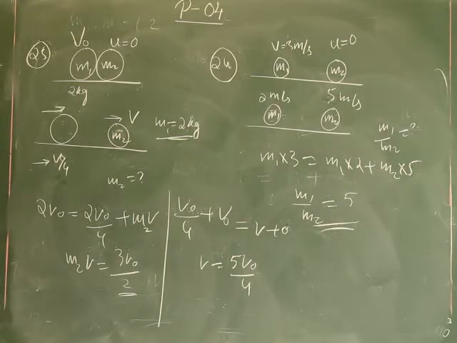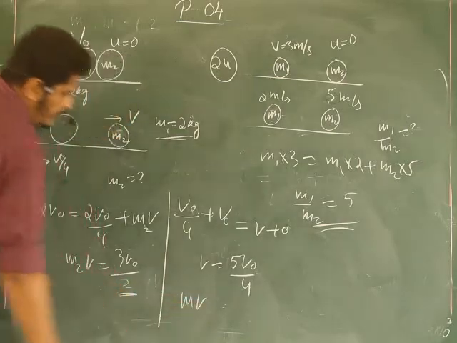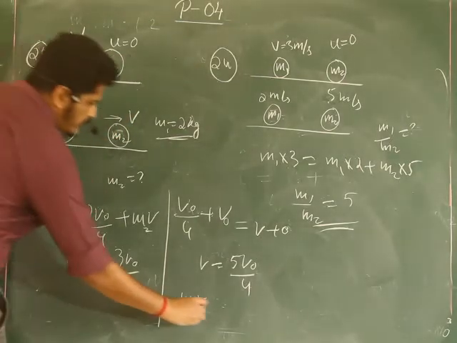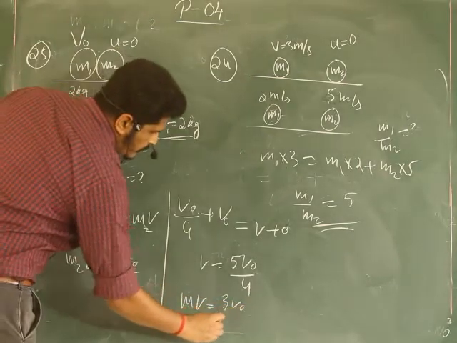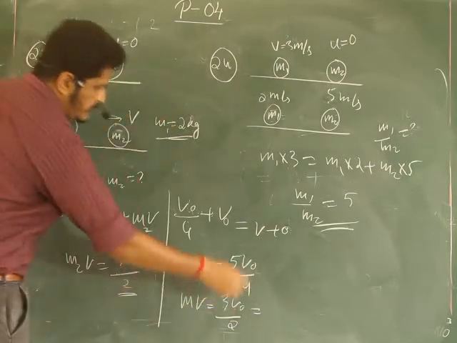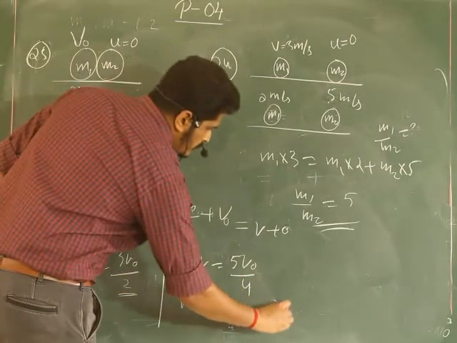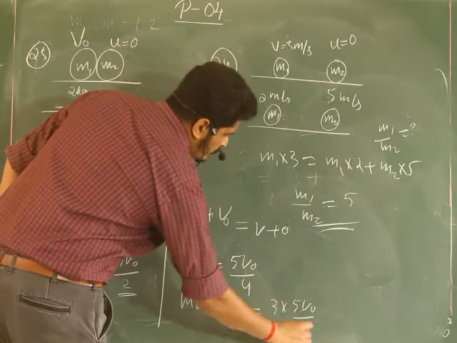Okay, so m into v means what? We already know, m into v is equal to 3v0 by 2. Just substitute what v is. So this is 3v0 by 2 equals m into 5v0 by 4.